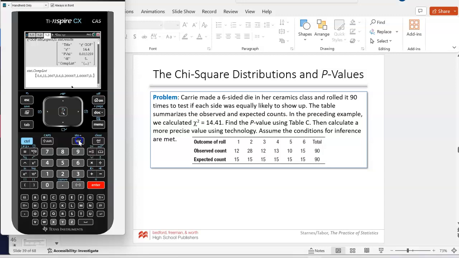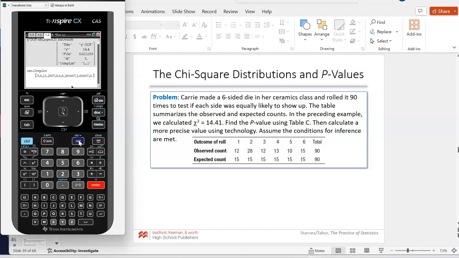Wow, rolling a 2, look at that. It contributed 11.2667. That's the bulk of this. I mean, 2 was so unusual compared to what we expected. That was the biggest contributor to the chi-squared statistic there. So it actually breaks it down and does each one for you.